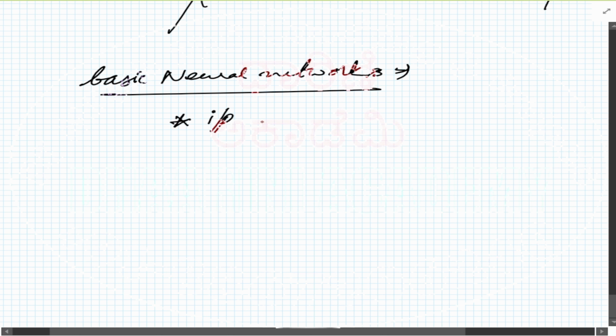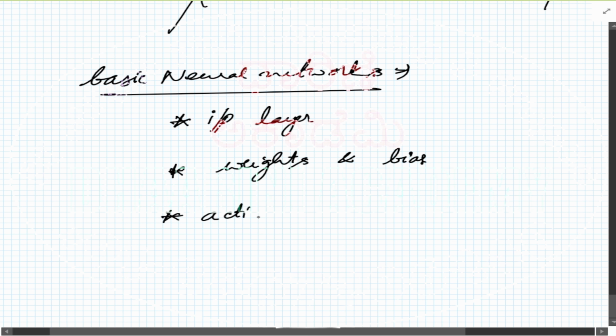Input is collected by the neural network, and that part of the neural network is called the input layer. This is simply an input. The input is followed by the weights. The weights are also supported by another value called the bias. And the third part is the activation function.